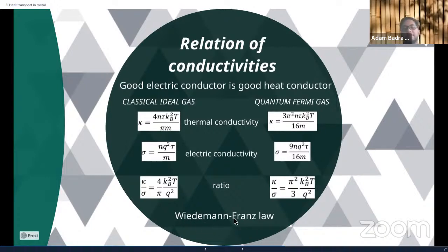It's called the Wiedemann-Franz law. So in recent research, this area of physics is also researched as thermoelectricity. Many people still actively research what kind of material doesn't obey the Wiedemann-Franz law.